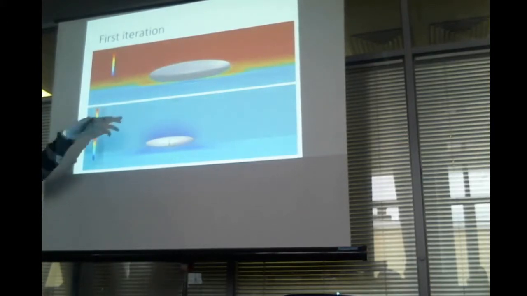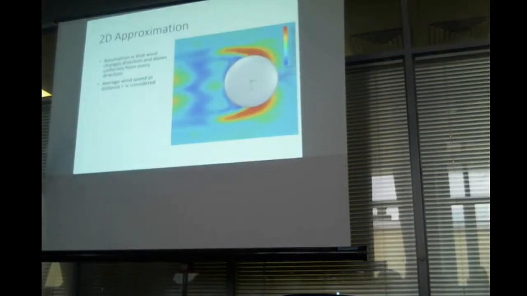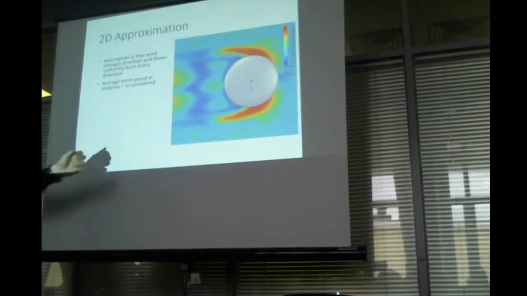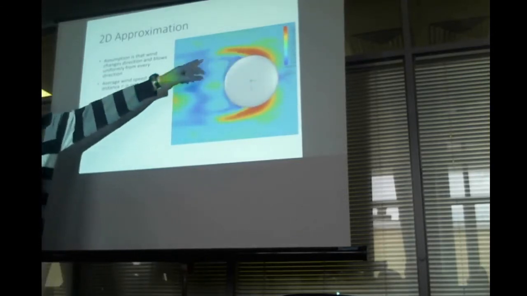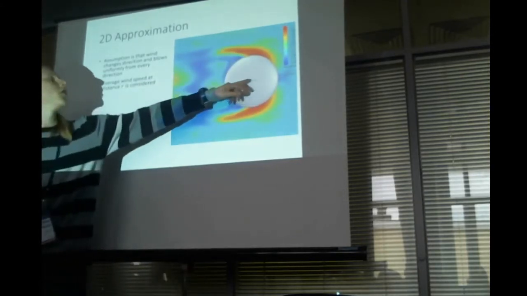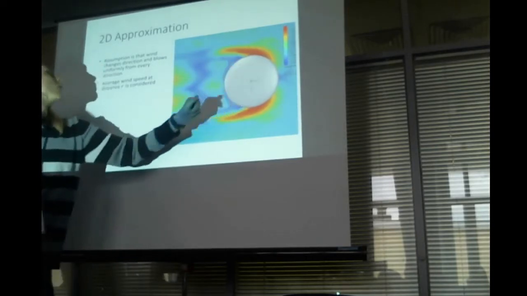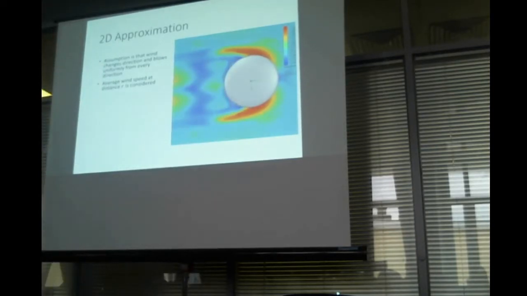So we calculated wind speed at each point here. This is the same picture but from above. We calculated the average wind speed at radius r from the center. Why did we do that? We approximated that the wind changes direction often and blows from every direction uniformly.